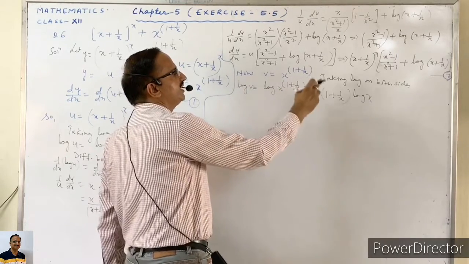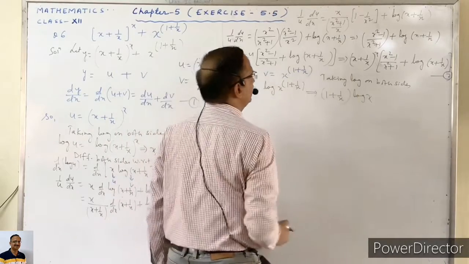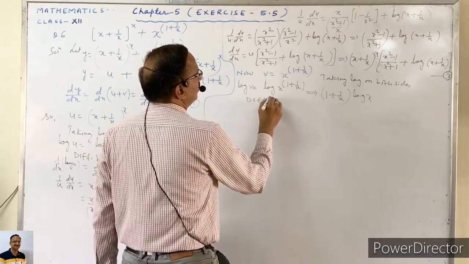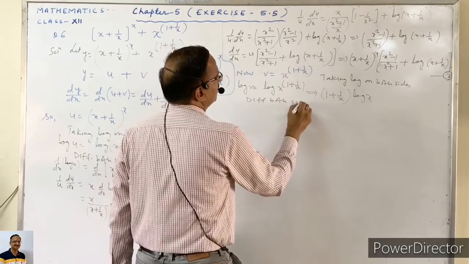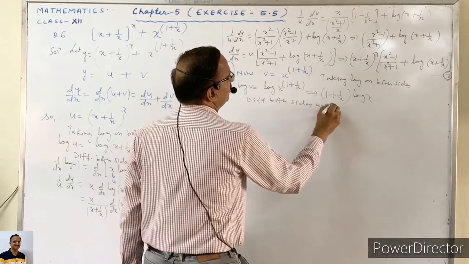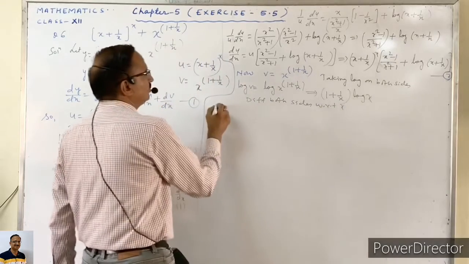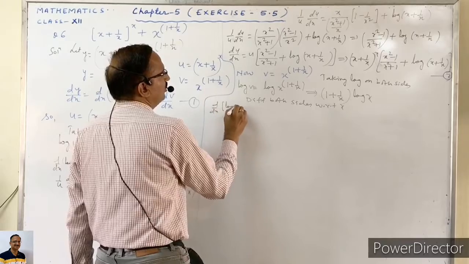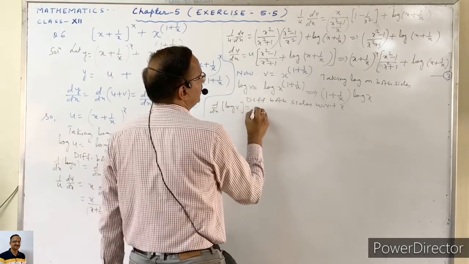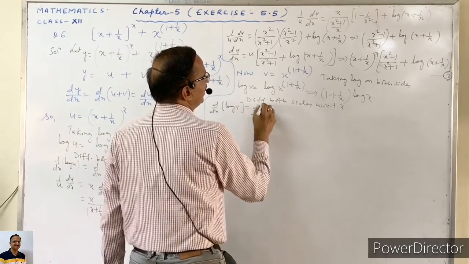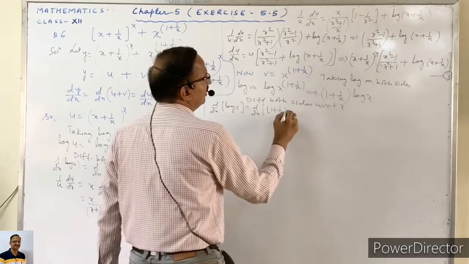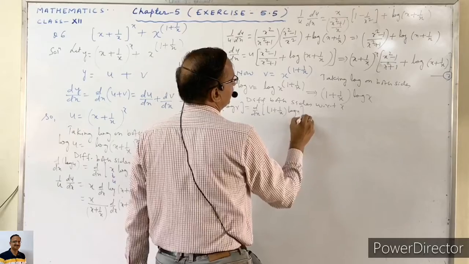So this can be written as n log x. Now differentiating both sides with respect to x. So d by dx of log v, and on right hand side d by dx of (1 + 1/x) log x.